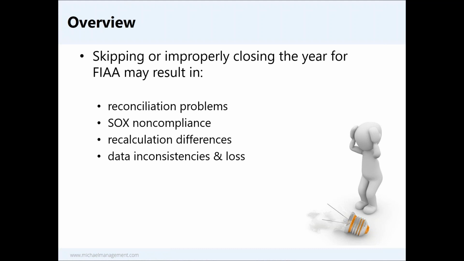And then also what happens is if you don't close the year in asset accounting and you open up the next year, that means now you have 2 years open, all right, 2017 and 2018. And each time you touch an asset in change mode, even if you just change a description on it or a cost center or anything, every time you save the asset master record, the system automatically performs a recalculation of values for that asset.